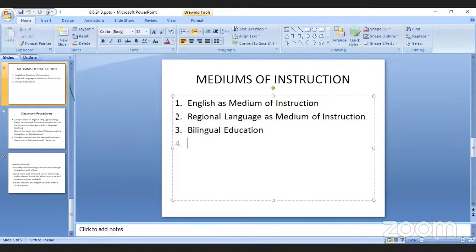I'll tell you one example, which I have already explained in my offline classes. When a child is born in a Hindi speaking, Oriya speaking, or Tamil speaking family, consider the Indian context, and you give the child to a family speaking another language, the child will learn that language, not the mother tongue.